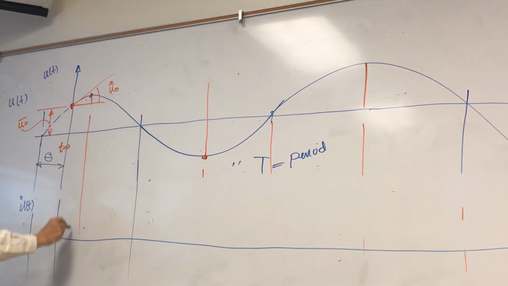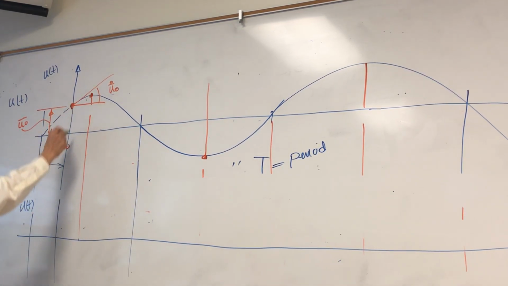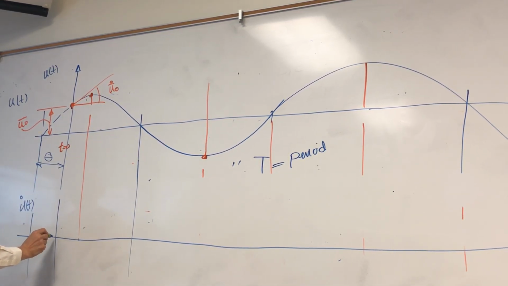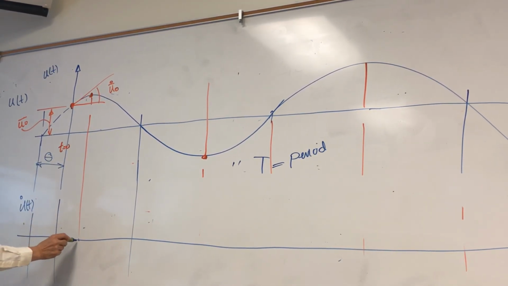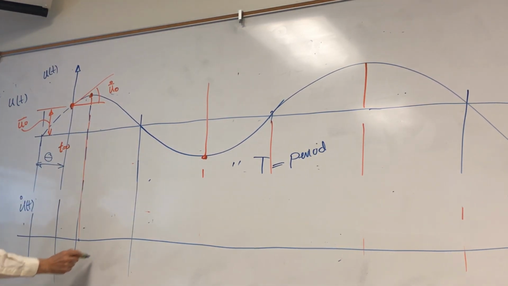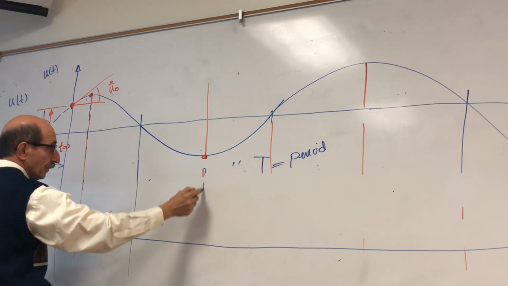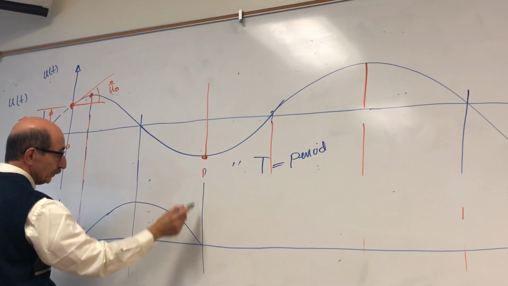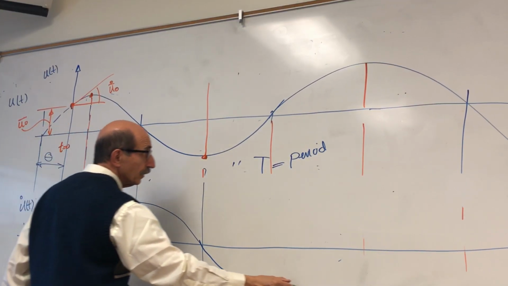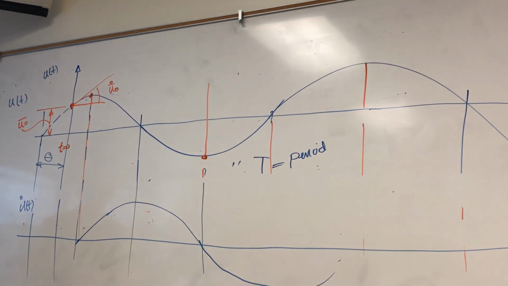So at this point, this should be 0. So it looks like this. Where this one goes to 0, this is maximum. Where this one is maximum, this goes to 0, and so on. So it looks like this, right? So same.